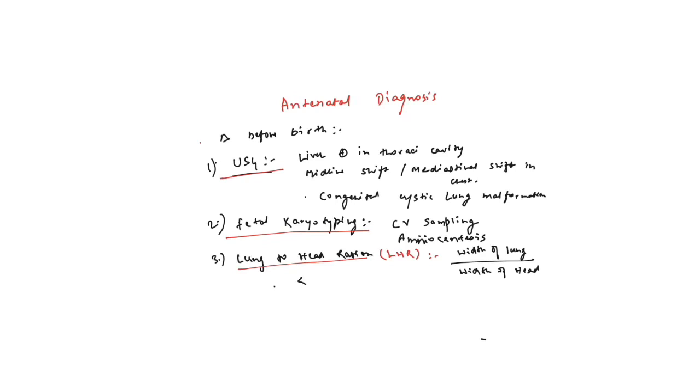So if it's less than 1, that means the diameter of lung field is less than that of head, then it is poor prognostic factor, poor prognosis. And if it's more than 1.4, that shows there is adequate lung growth, and this is good prognosis.